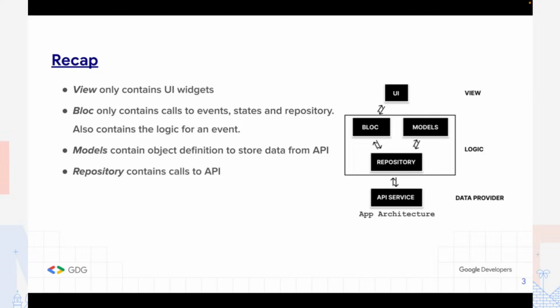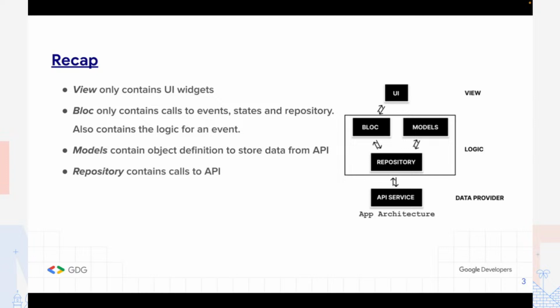Now, the way data travels here is first through the UI, where there will be an event trigger. An event will be triggered in the UI, and that event will then be in the Bloc event. It will call the particular Bloc event, which will call a repository where, let's say, it's a login API. So in the UI, when the login button is clicked, it is going to trigger the login event.